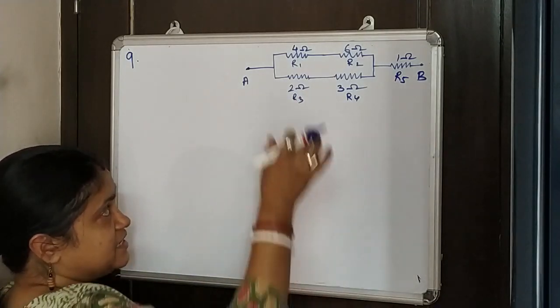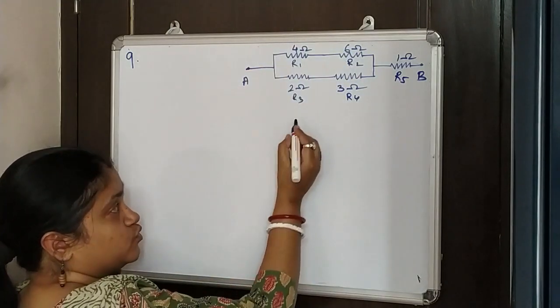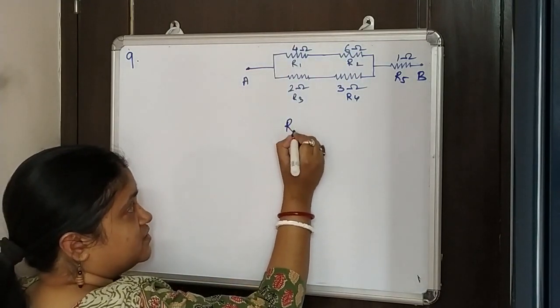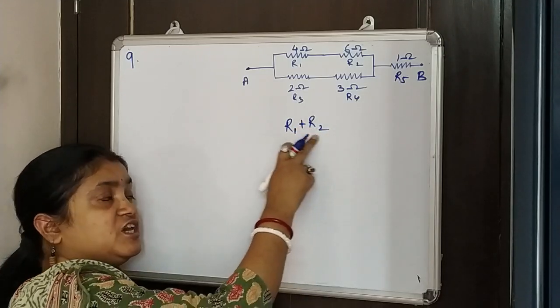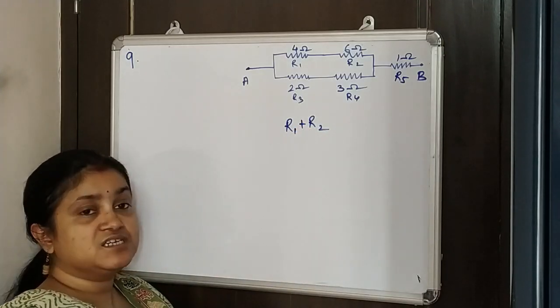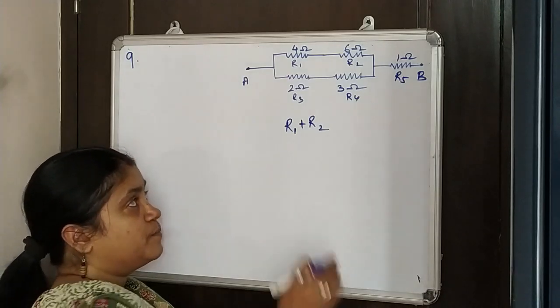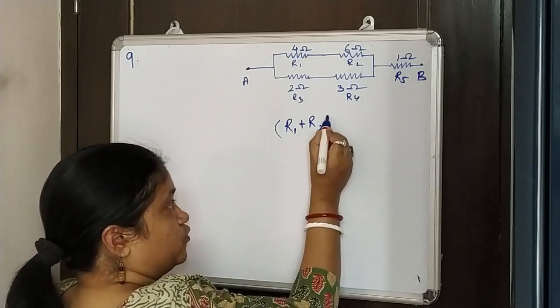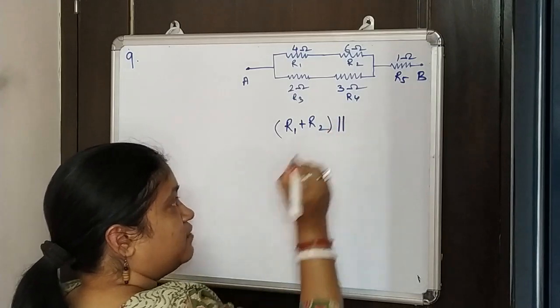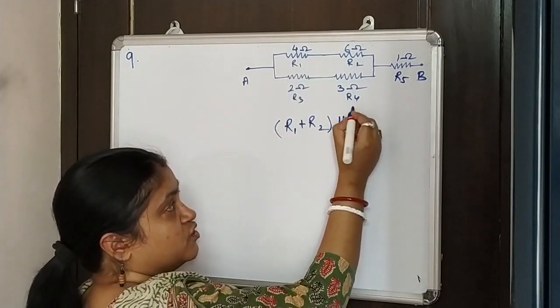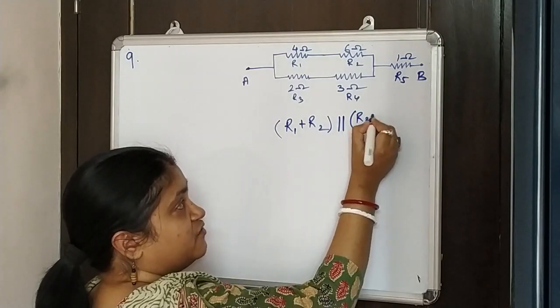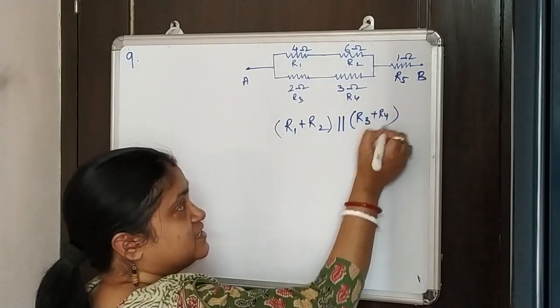So first let's take R1 and R2. So R1 and R2, they are in series combination. Therefore the equivalent combination will be just R1 and R2. This R1 and R2 is in parallel combination with R3 and R4, where R3 and R4, they are again in series combination.